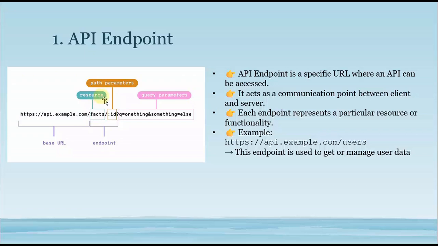We can then use path parameters such as ID to identify the specific resource. Finally, the query parameters allow us to send additional information or filters to the API. Understanding these URL components is essential for creating and working with API requests effectively. So this is all about the API endpoint.